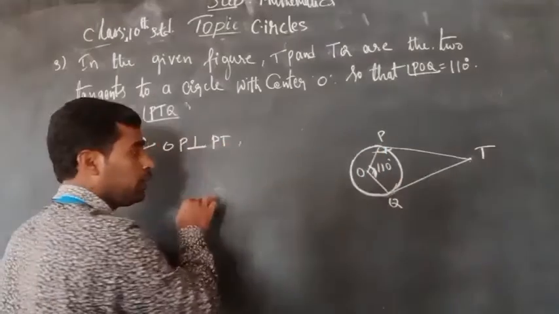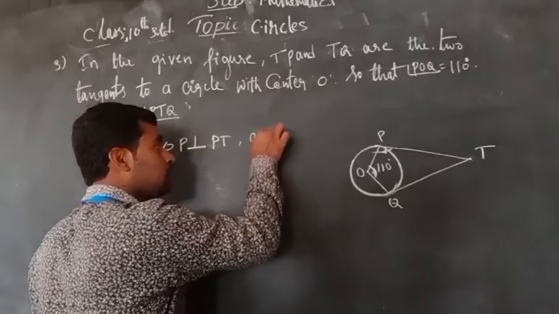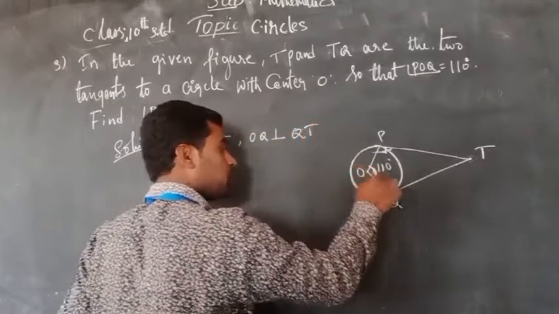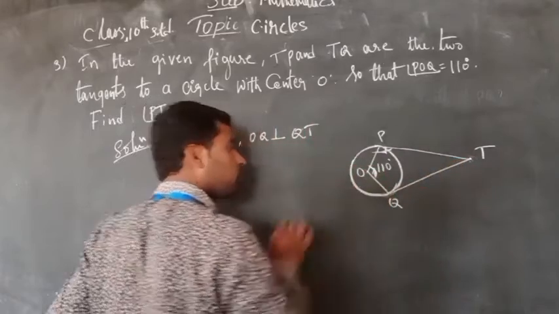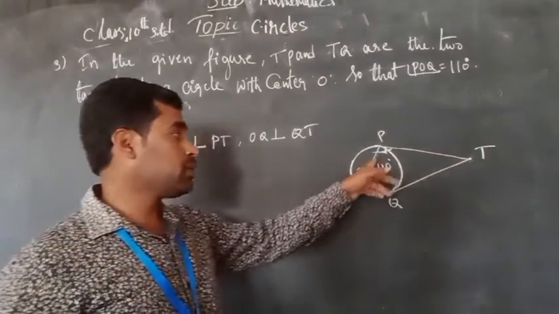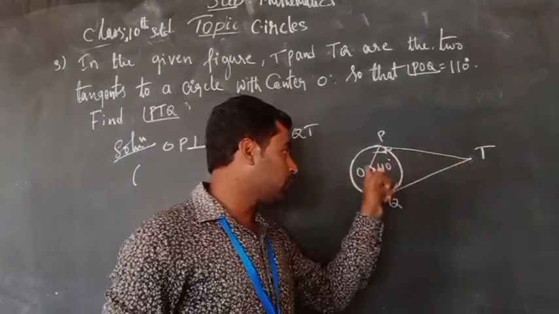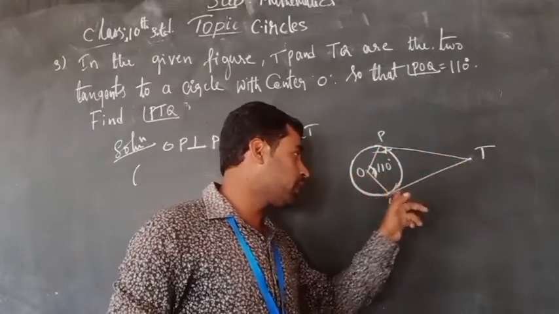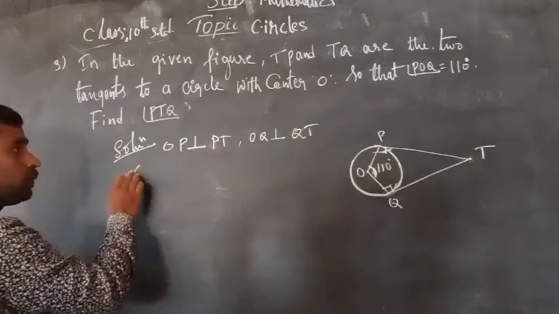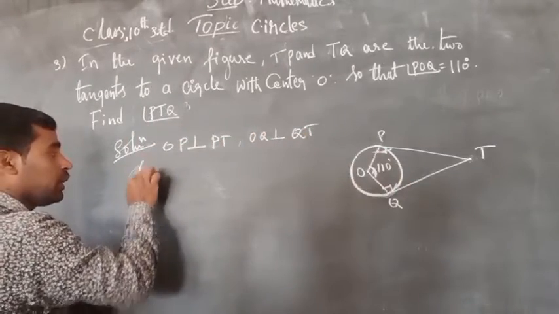Again, OQ is also perpendicular to QT. The reason is that the radius is perpendicular to the tangent.